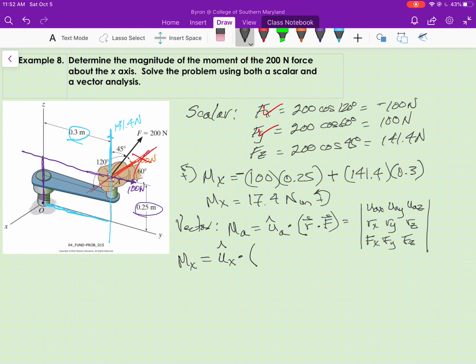And in this problem, the convenient position vector is going to be from O to A. So I'll write that here. And that will be crossed into F, which is given. And we already have the components of that from the scalar analysis.